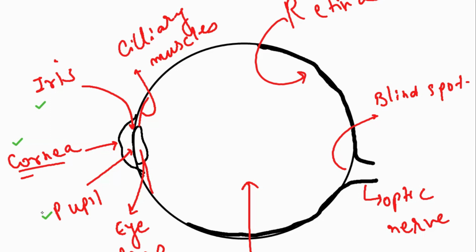Clear? Any doubt? Have you written all these points? Very good. So if I ask by which thing the color of the eyes depends, it depends upon our pupil.